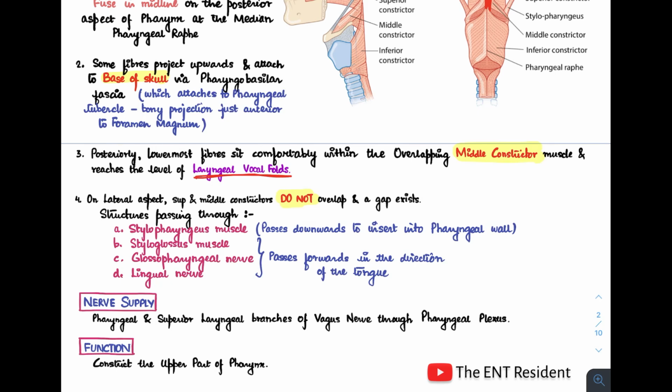This gap passes a lot of structures which are very important to know. These structures are the stylopharyngeus muscle, the styloglossus muscle, the glossopharyngeal nerve, and the lingual nerve. The first structure, the stylopharyngeus muscle, passes downwards to insert into the pharyngeal wall, whereas the rest of the three structures pass forwards in the direction of the tongue.